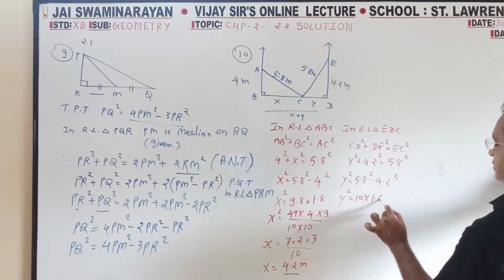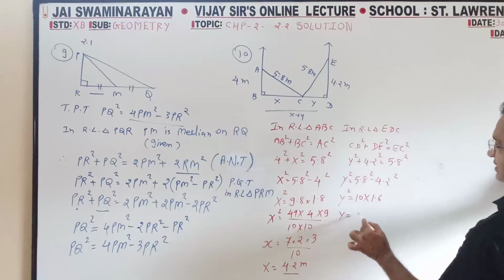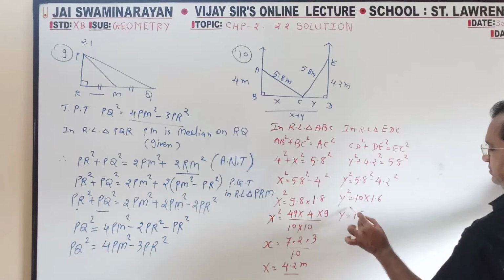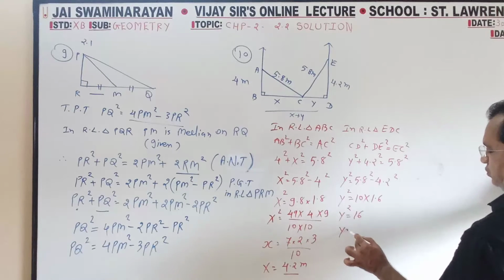Difference 1.6. 1.6 into 10 means 16. So y is equal to 4.